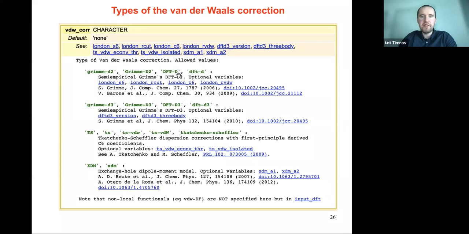It's known as DFT-D or Grimme-D2. Then there is Grimme-D3 or DFT-D3, Tkatchenko-Scheffler, where the C6 coefficients are computed from first principles, while in the first two they are semi-empirical. And this is XDM.